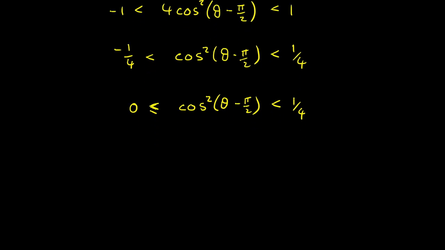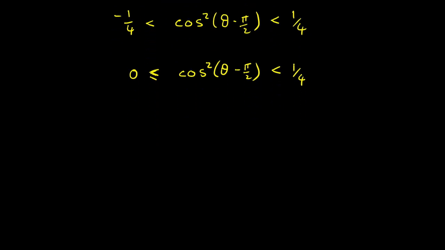Okay, so now if we square root both sides, we're going to get cos of (theta minus pi by 2). Now, what happens as we square root a quarter? Well, we're going to get a half, but we're also going to get plus or minus a half. So now the condition has got to be that we've got to be less than 1/2, but greater than -1/2.